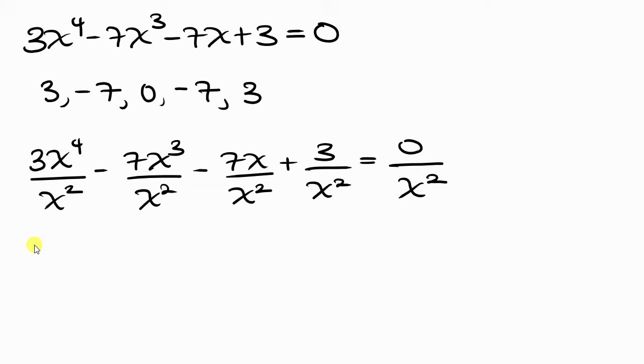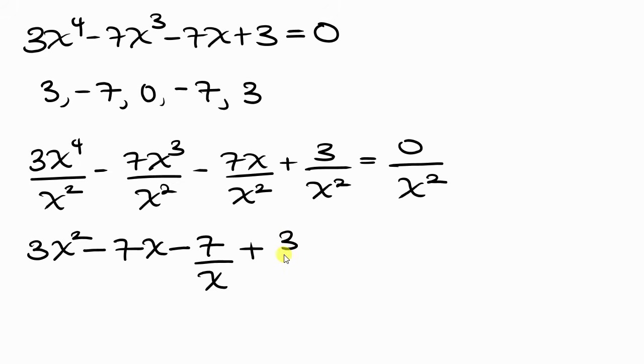Now this becomes 3, x^4 divided by x squared is x squared, minus 7, x^3 divided by x squared is x, and then minus 7, x divided by x squared is 1 over x, then plus 3 all over x squared to be equal to 0 divided by x squared, which is still 0.